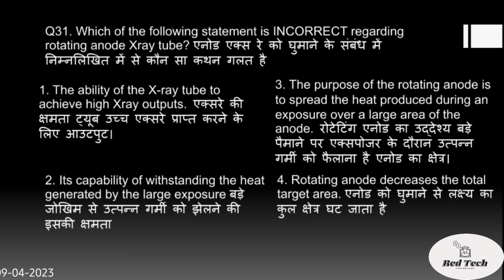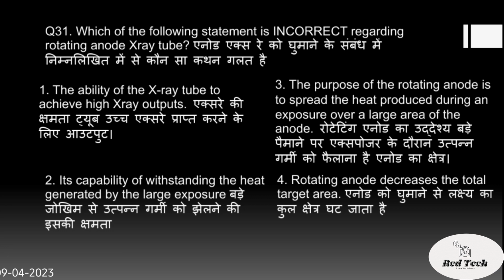In option number 1, the ability of the X-ray tube to achieve high X-ray output: by using the rotating anode, the lifespan of the X-ray tube increases. So it is correct regarding the rotating anode that it achieves high output.